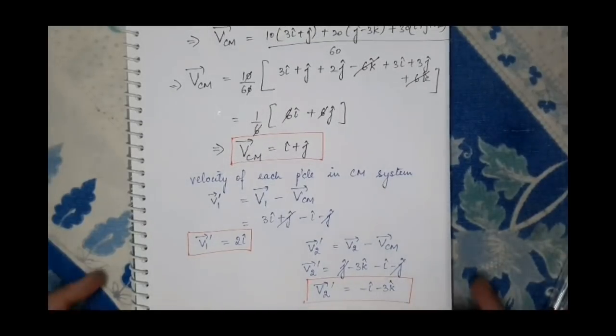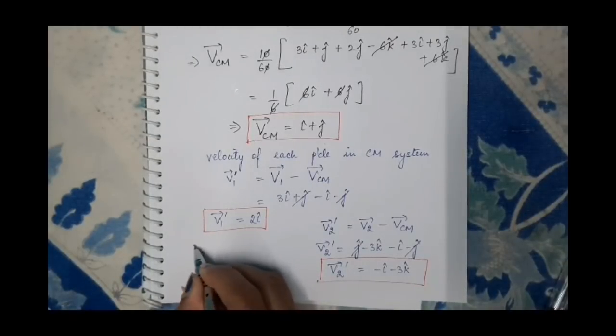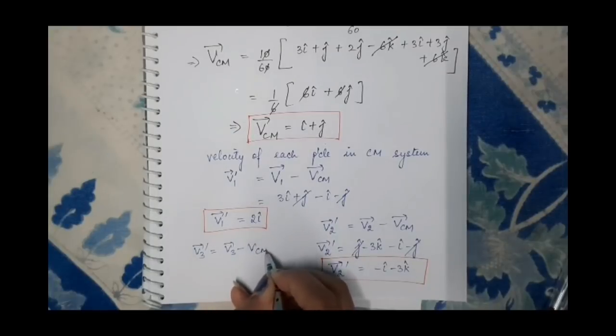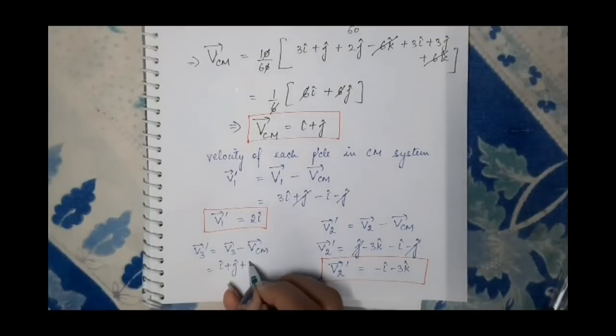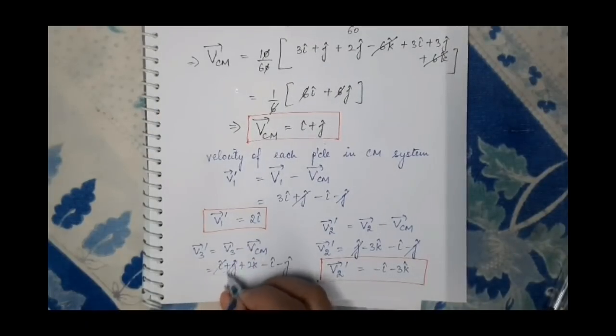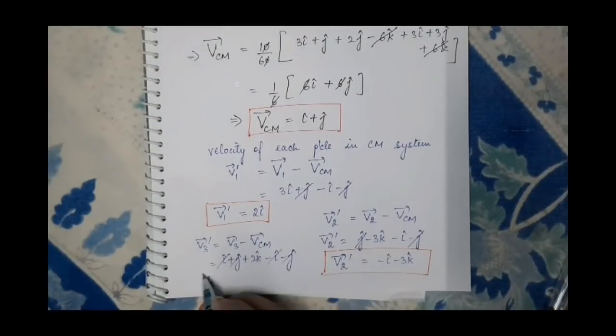Similarly, the velocity of the third particle in center of mass system will be V3 dash, equal to V3 minus VCM. What is V3? It is I plus j plus 2k minus I minus j. So these will be cancelled out. So the velocity of the third particle in center of mass system is 2k.